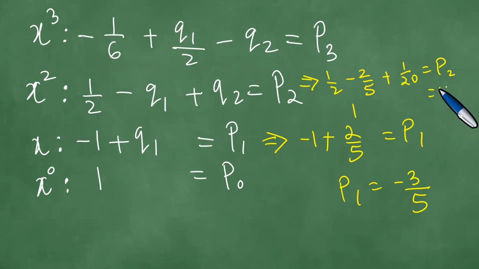And that means that P2 equals. So, okay, we just have some nice little basic fractions. So if you have 1/2 minus 2/5 plus 1/20th.